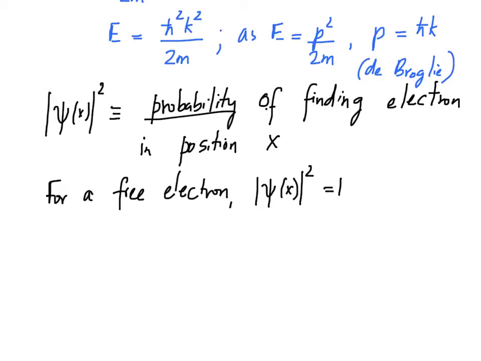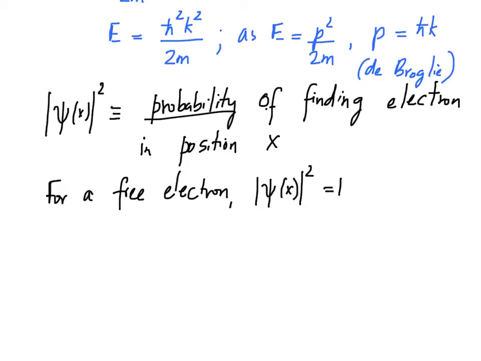What does this mean? This basically means that our electron is equally likely to be found at any position x, because this probability is not dependent on x anymore, and it's equal for all values of x. So which basically implies that our electron is equally likely to be found anywhere in space.